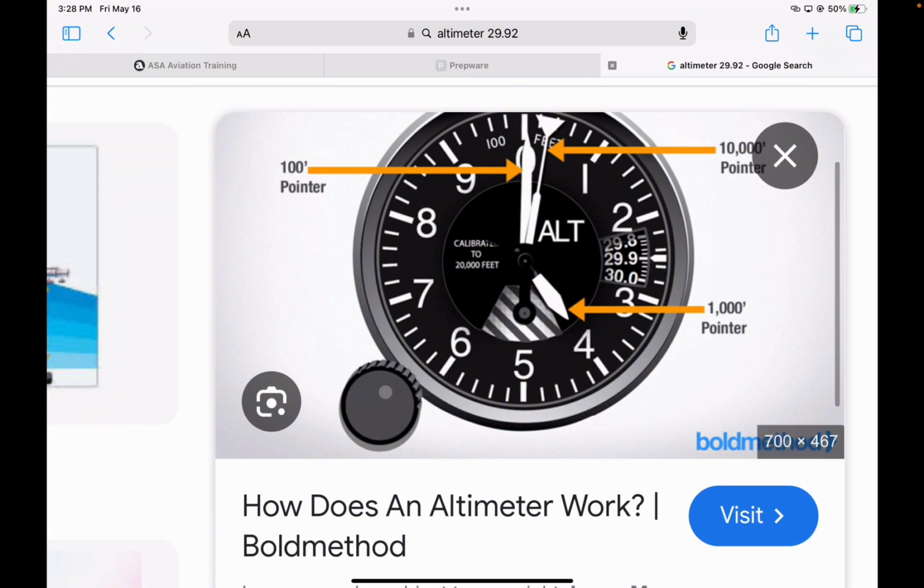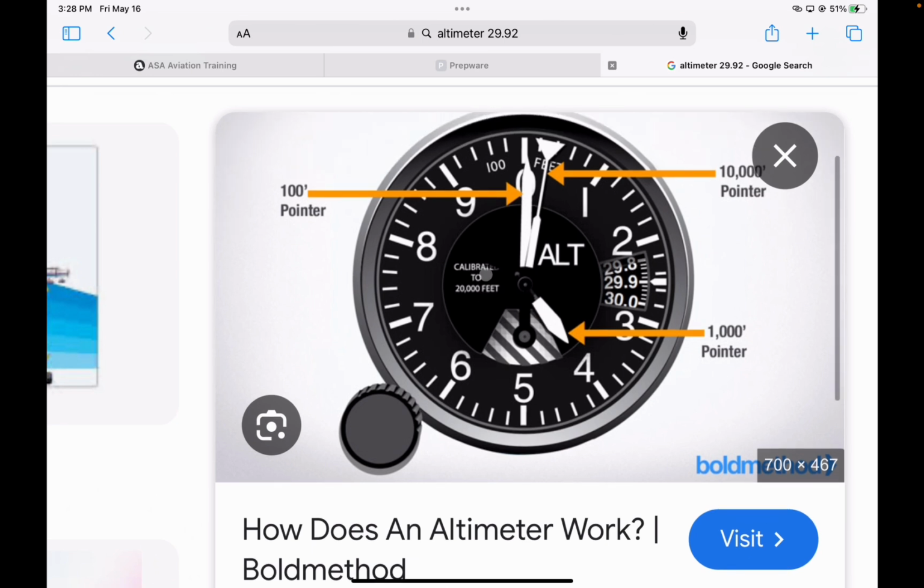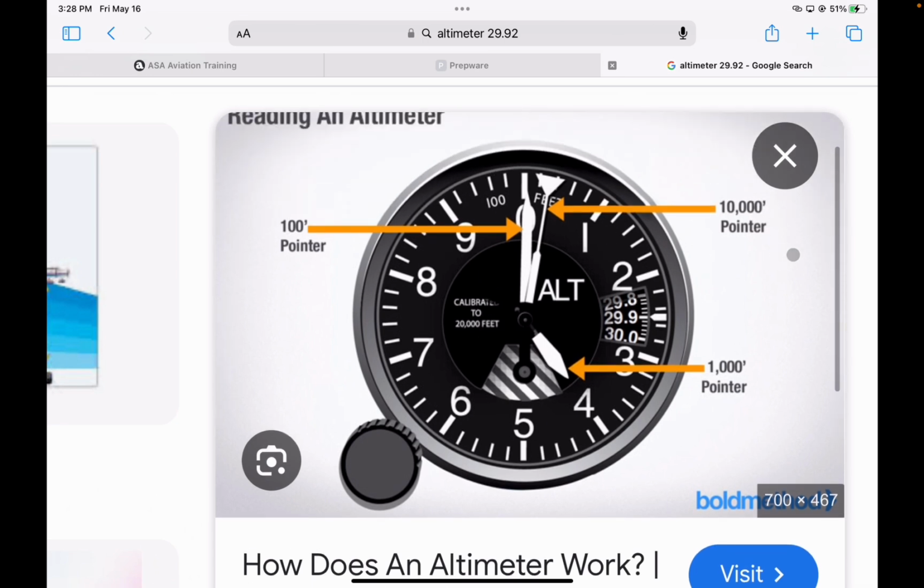You actually twist this knob, and then when you twist this knob, these numbers move. And do you see this pointer thing? It's already set to 29.92. And then you would read this off. As you can see, this reads 100, 10,000, 1,000. So this would read 4,000. So the pressure altitude in this case, because it's already set to 29.92, is 4,000.